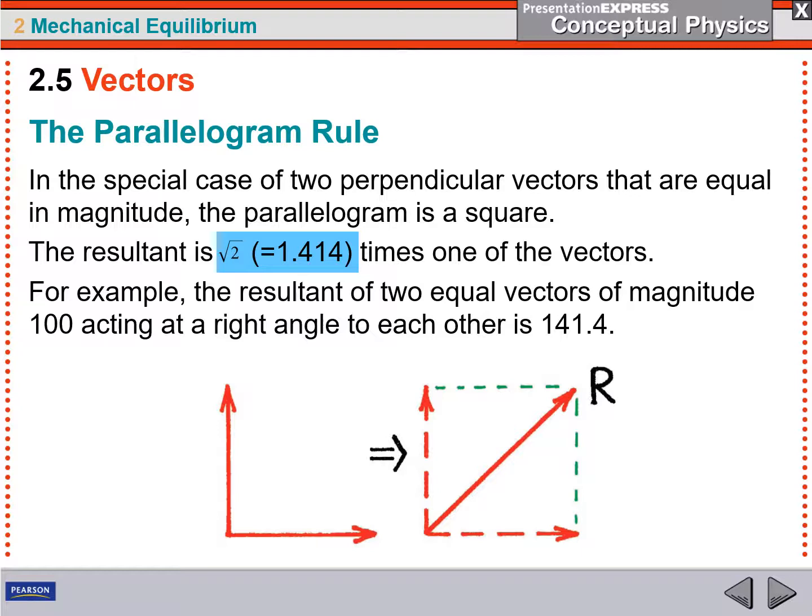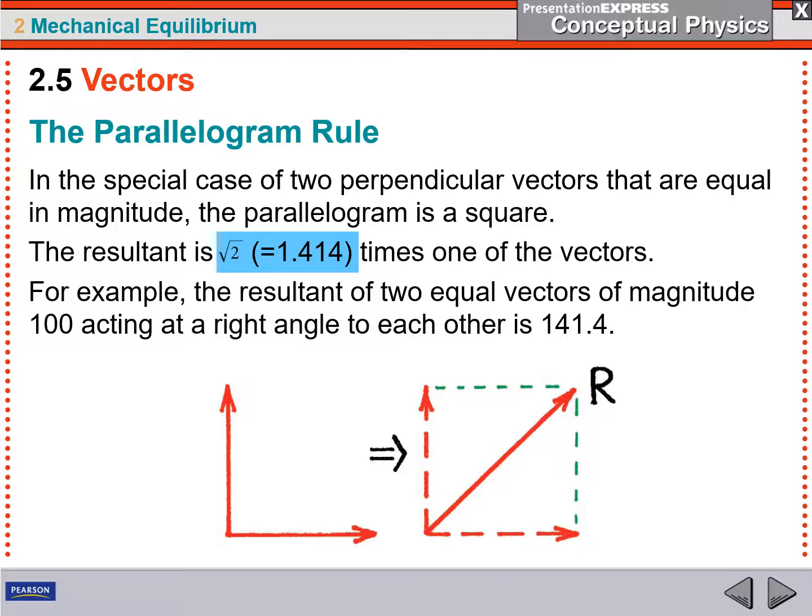If the up arrow and the right arrow here are at right angles and they're equal in size to begin with, then the parallelogram is going to be a square. The resultant, or diagonal, of any square is going to be 1.414 times any of the sides.